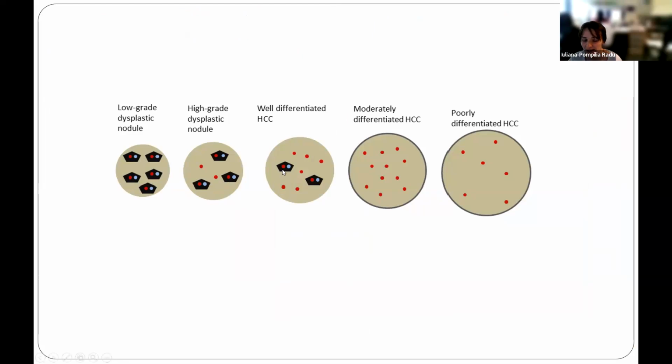And this is why the washout is, in general, and this is super important, after 4 minutes. Never ever expect a hepatocellular carcinoma to wash out in 2 minutes.